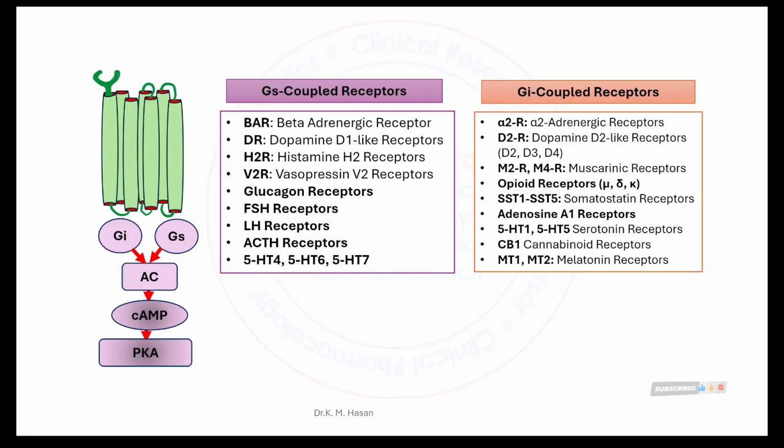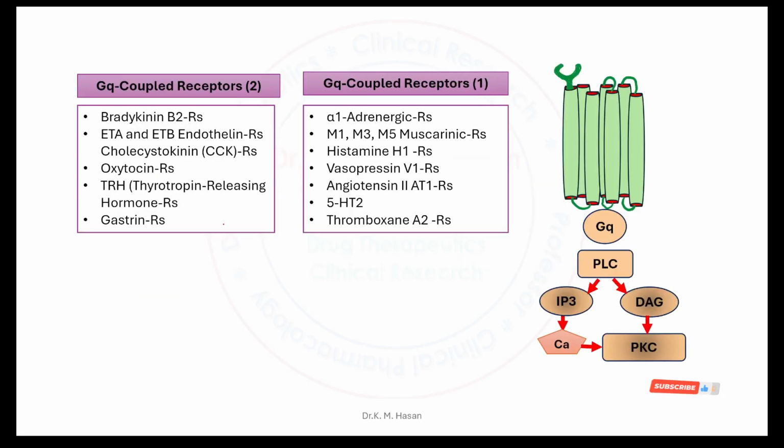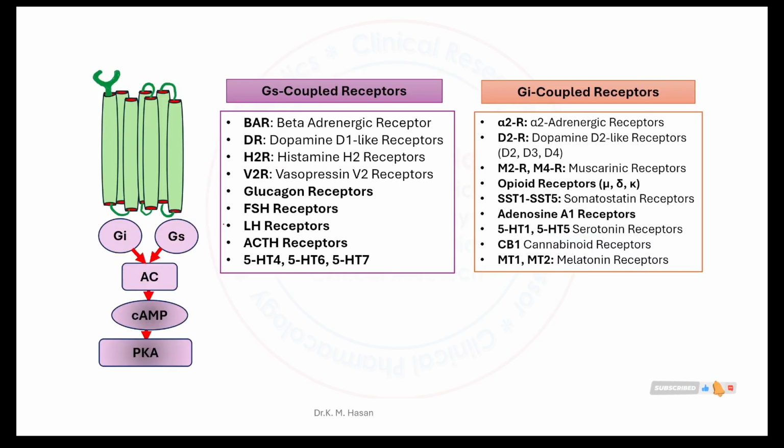In this slide, we are speaking about the clinical application of G protein. As you can see here, we have Gs protein and we have Gi protein. We try to apply this to clinical practice.